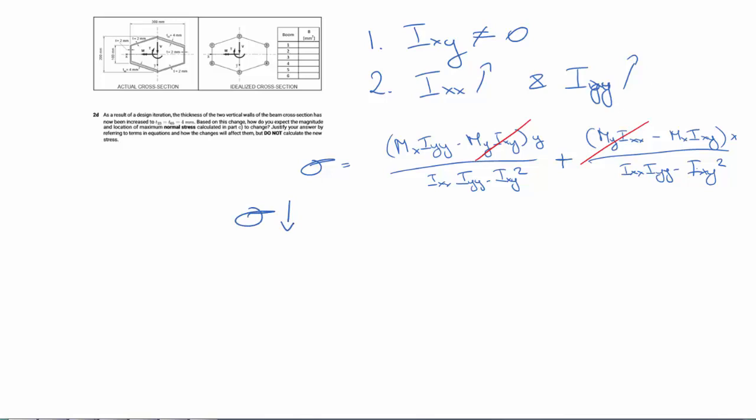Then if we take a look at the location, we can see that the neutral axis will no longer be the x-axis, however it will be slightly tilted. But since IXY is smaller than IYY, we know that the y-coordinate will be more important to determine the location of the maximum stress than the x-coordinate. Therefore, boom 2 and 5 will still be the locations of maximum stress.